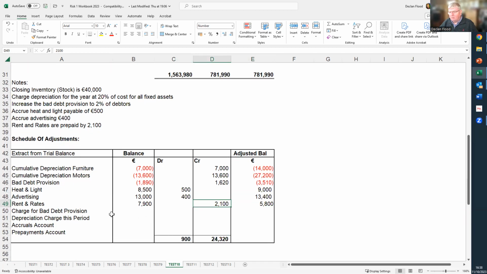Now, what we're going to do here is just balance it up. So my charge for bad debt provision is 1,620. My depreciation this year is the total of these two, which is 20,600. My accruals account is, where's my accruals?